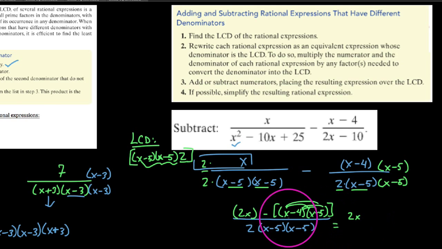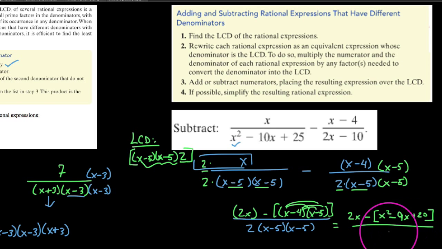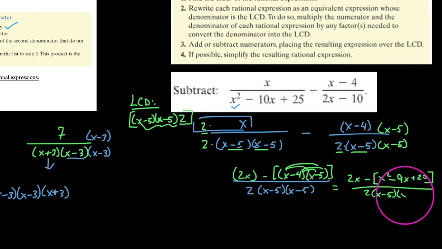So we get 2x on the left, minus, now in brackets we get x times x is x squared. X times negative 5, of course, negative 5x. Here we're going to get negative 4x, so we get total negative 9x when we combine like terms, and then we say plus 20. And the reason why I chose to put those in braces is because you'll notice that it has a negative out in front of it.